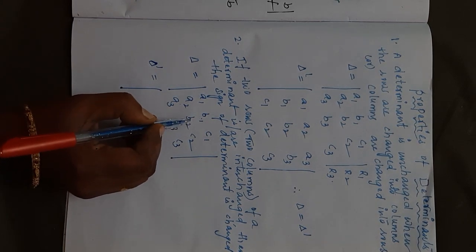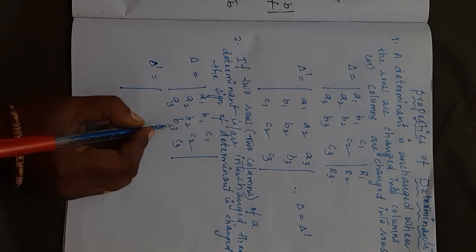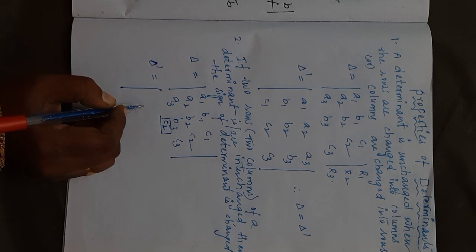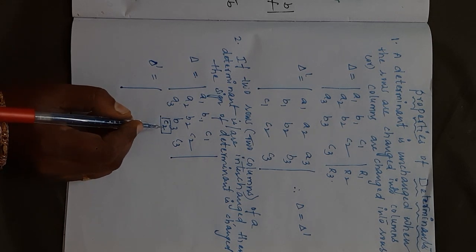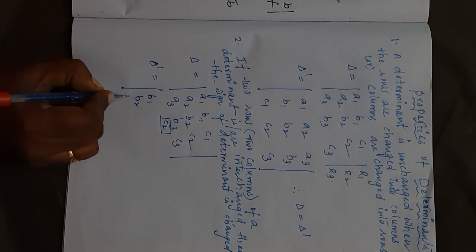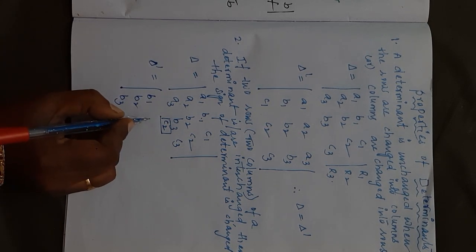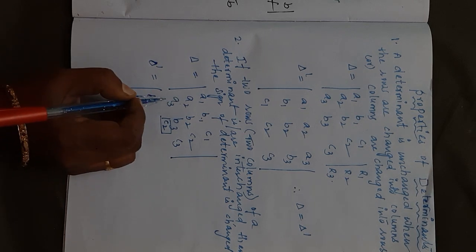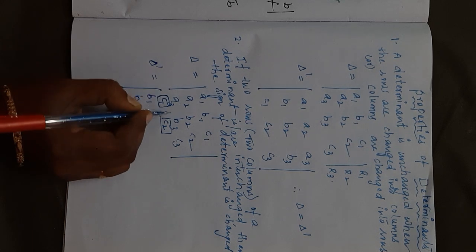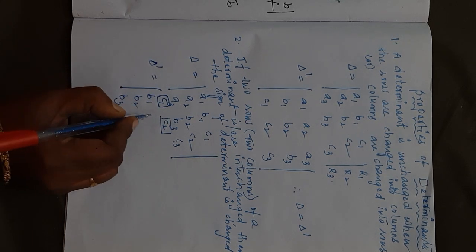Here B1, B2, B3 are in column 2. I am writing column 2 in place of column 1, that is B1, B2, B3. Next, A1, A2, A3 are the elements in column 1, and I am writing the elements of column 1 in column 2.